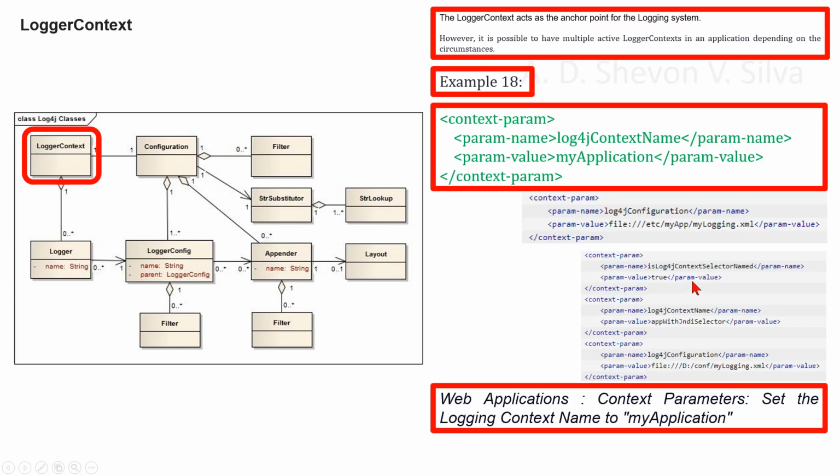Now we are considering context parameters. In a web application, here we set the logging context name to myApplication. By default, Log4j 2 uses the servlet context name as the logger context name and uses the standard pattern for locating the Log4j configuration file.